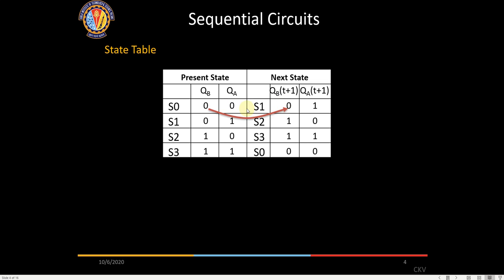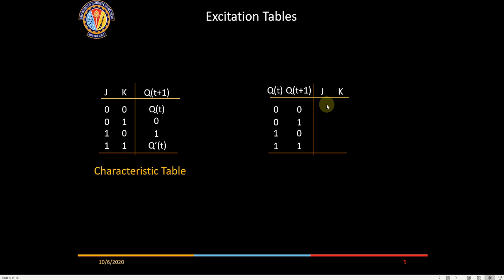There is no transition happening. So what should be the input j and k? The j and k could be 0 0 or 0 1, right? If I give 0 0 or 0 1, the output would continue to remain 0. Is this clear? Yes, sir. Okay, these are the inputs we are required to give so that the output remains 0, or it transitions from 0 to 1, 1 to 0, or 1 to 1. So these are the input combinations required, right?